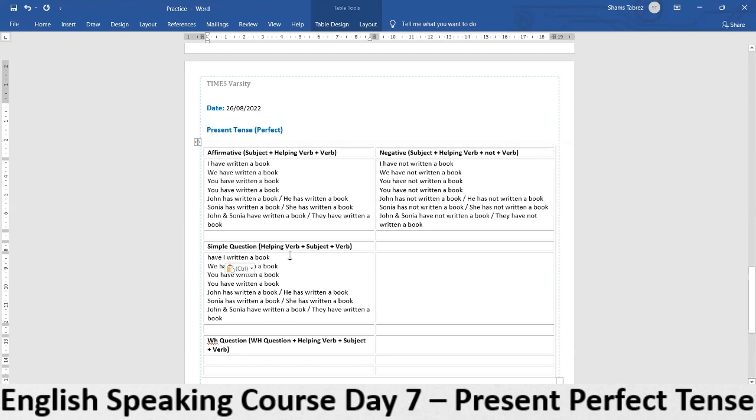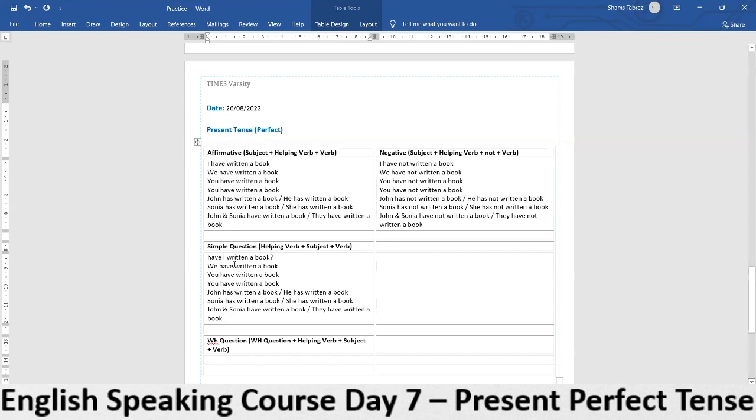And with a question mark, it becomes a simple question. So what we are doing is, if we want to make a simple question from the affirmative, just rearrange the helping verb and subject. Just bring the helping verb before the subject, and it becomes a simple question.